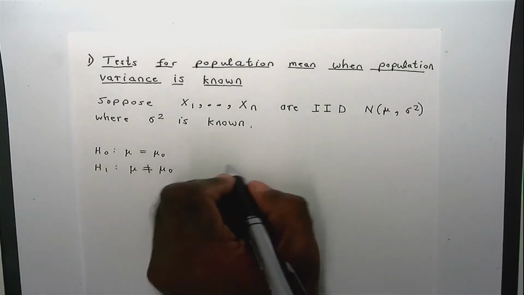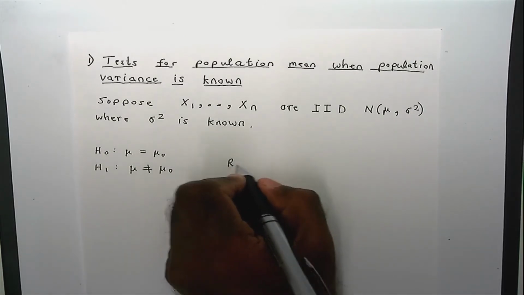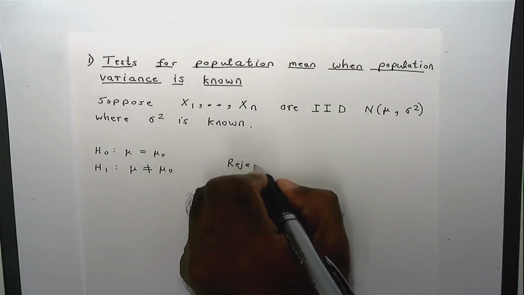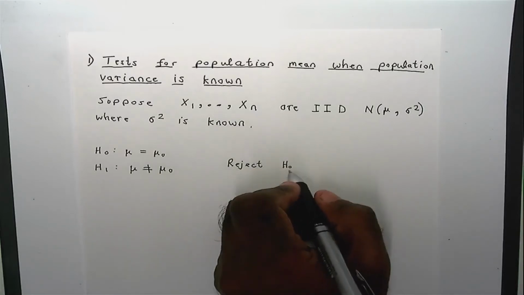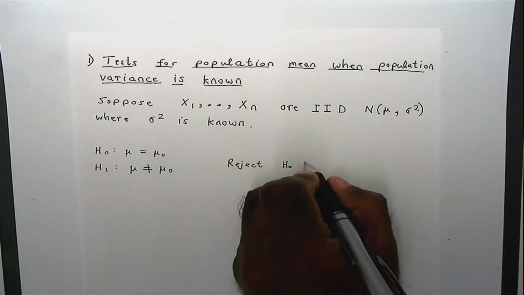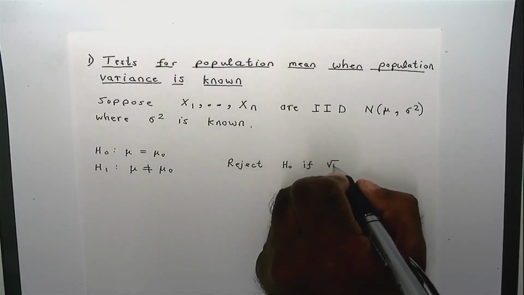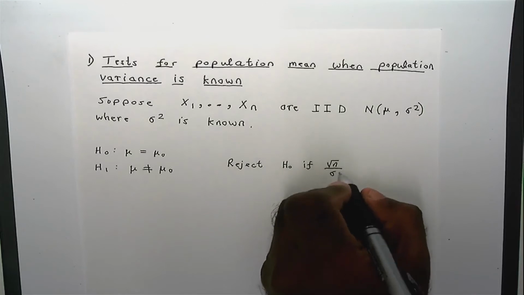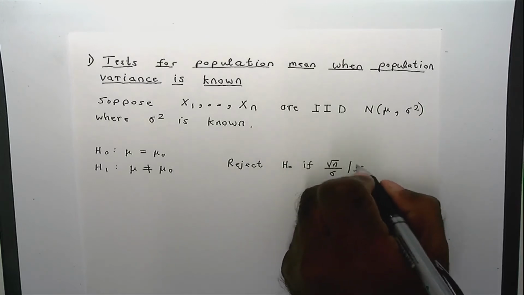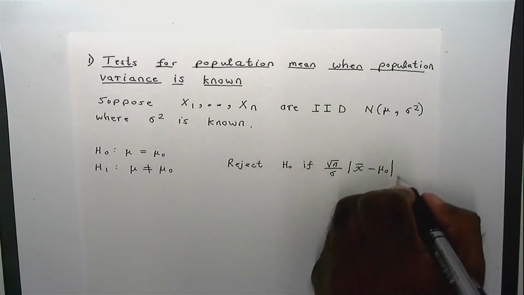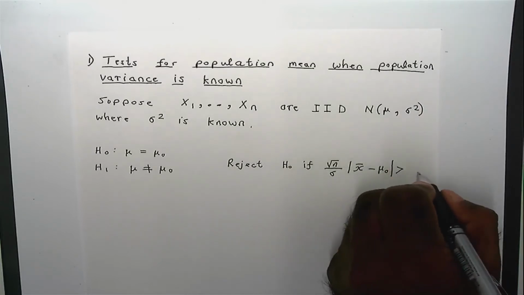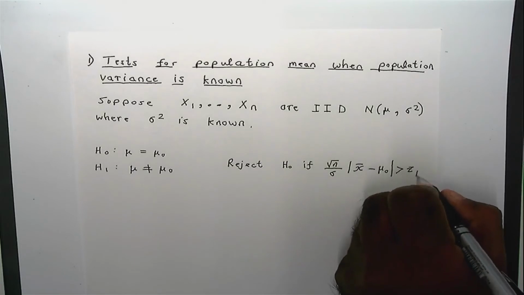In this case, the rejection rule for rejecting the null hypothesis is if root n divided by sigma times the absolute value of x bar minus mu0 is greater than z 1 minus alpha by 2.